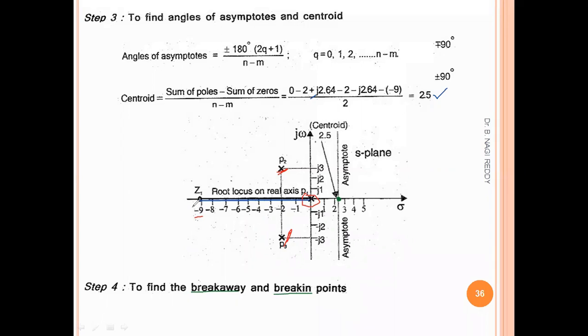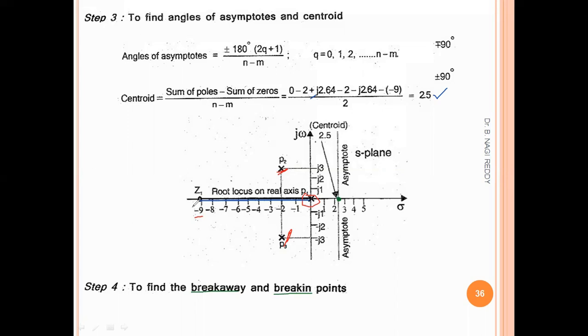Otherwise, if you want to test, we can calculate. You know the procedure to calculate the breakaway and break-in points. We need to take the closed loop transfer function, calculate the characteristic equation, write the equation for k, differentiate k with respect to s, calculate the s roots, and substitute the s roots in the k value to check whether k is positive and real.